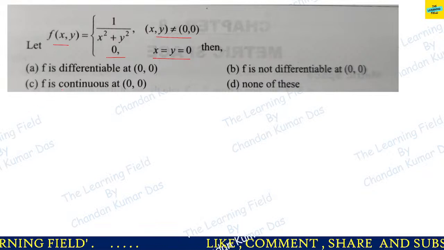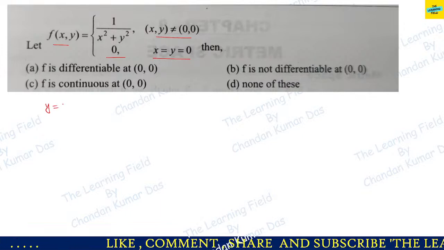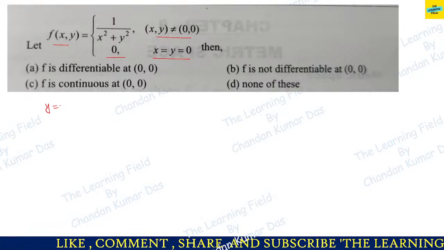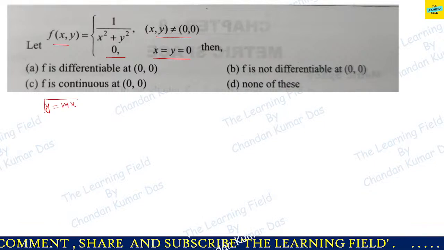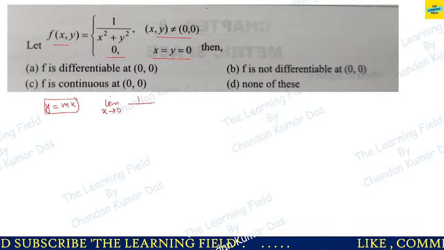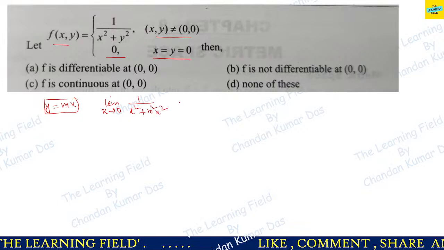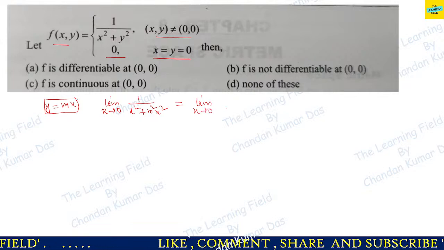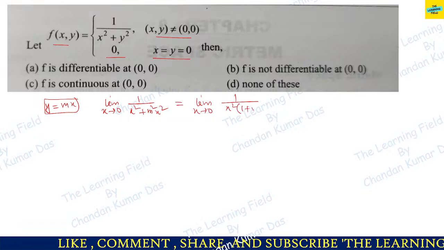Similarly, here you can also put y equal to mx. So if we put y equal to mx, then the double limit is converted to a single limit, and this gives the limit as x tends to 0 of 1 by x square plus m square x square, which is equal to the limit as x tends to 0 of 1 by x square into 1 plus m square.